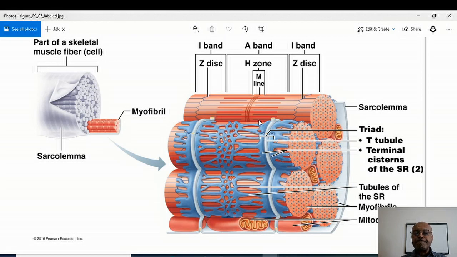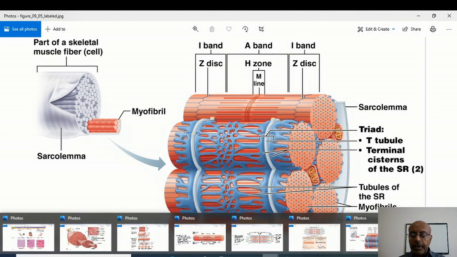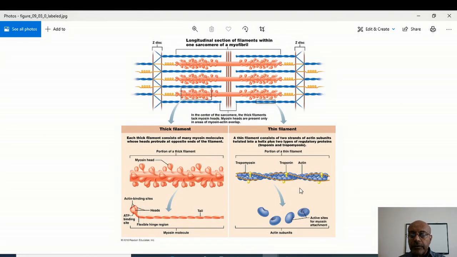So when an electrical impulse which comes from the nervous system arrives at the sarcolemma at the neuromuscular junction between a nerve and a muscle, it reaches here, and when it reaches here, it stimulates these terminal cisternae, which are parts of the sarcoplasmic reticulum. The sarcoplasmic reticulum releases the calcium which is stored in it, and that calcium goes and attaches itself to these yellowish structures.